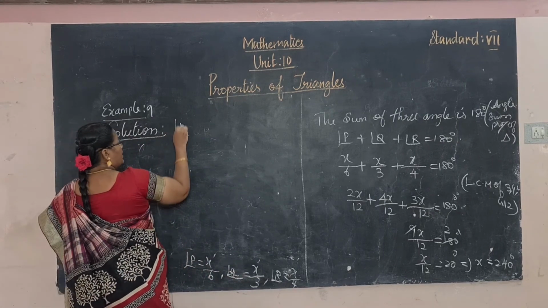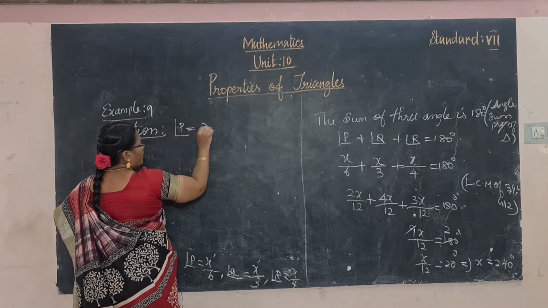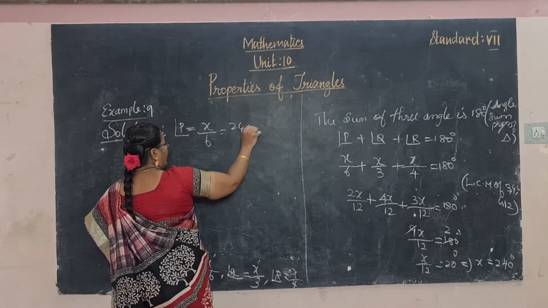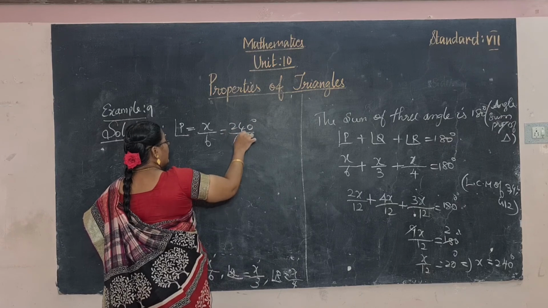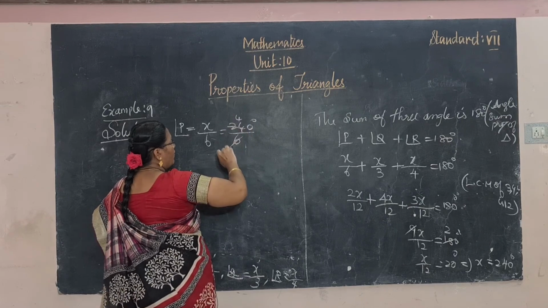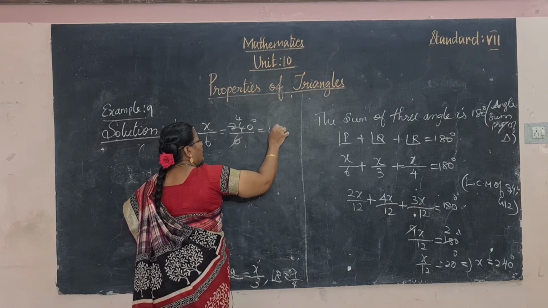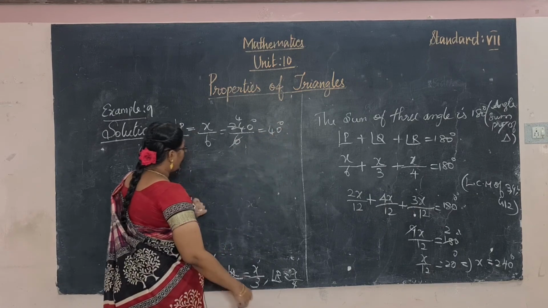So angle P is equal to x by 6. The x value here is 240 degrees by 6. Cancelling in the 6 table, 6 fours are 24, so we get 40 degrees. So angle P is 40 degrees.